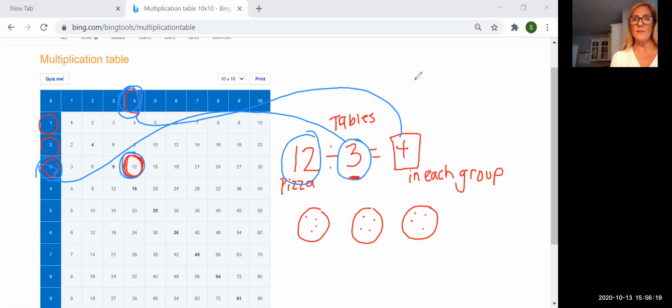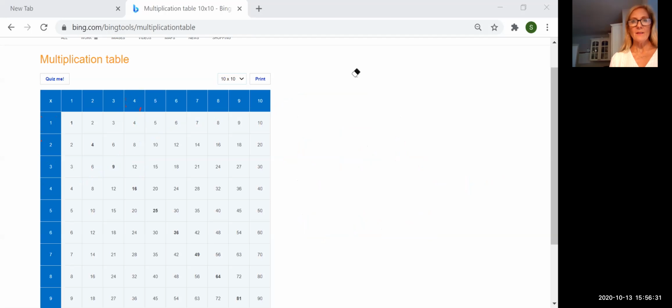Okay, so how do we use the same chart for division? Well, we're going to begin. Let's go ahead and erase this and do all that. And let's go ahead and write down a division problem.